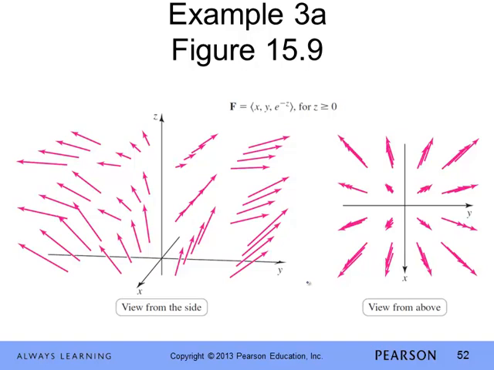So the further up vertically you go, those arrows are going to be almost horizontal, almost parallel with the xy plane. Of course, for small values of z, the z component is going to be relatively large. If you were to look at this vector field from up here and looking downward like that, then this is what it would look like.